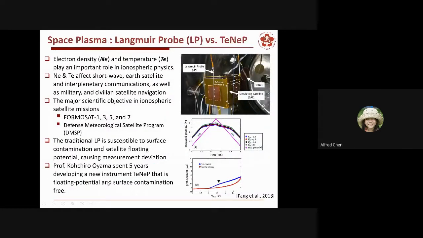So in the following slides, I will talk about the space plasma, because electron density and temperature play a very important role in ionospheric physics.